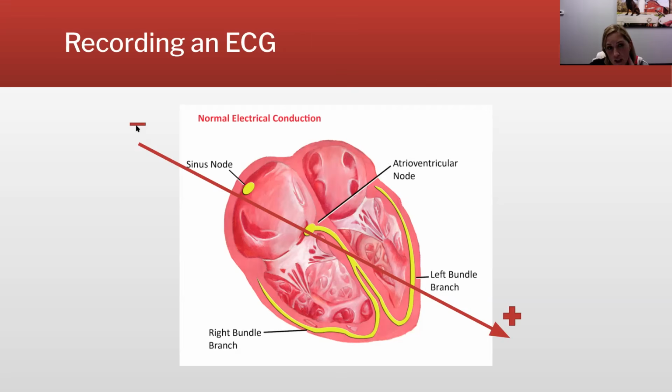Your negative end is up here, your positive ends right down there. That results in a positive deflection on the QRS complex. That results in a positive deflection on lead 2 for your P wave, a mainly positive deflection for the QRS and the T wave, because of that direction that the electrical activity is going towards the positive end of the lead.